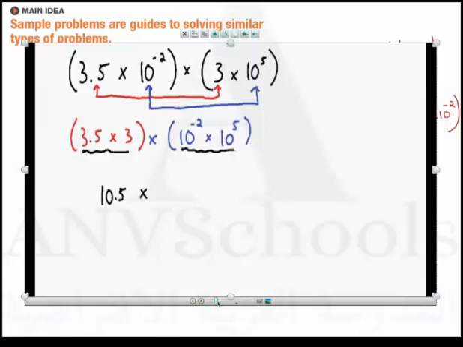If we simplify the expression, this is what we will have here, and this will be 10 to the power 3. Then we have another challenge here. We have to move the decimal point 1 place, because we need to have a number less than 10. So 1.05 multiplied by 10 to the power 4.